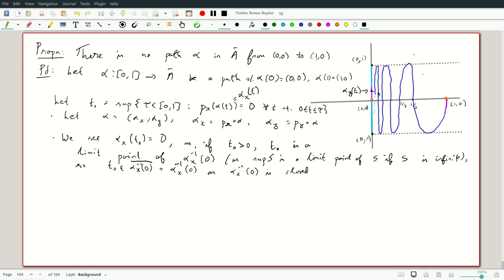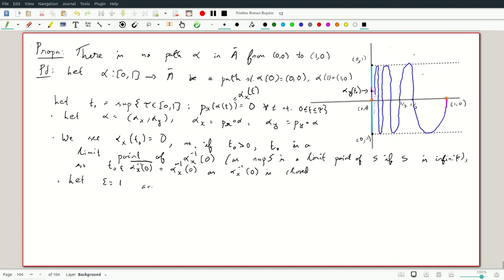Okay. And now we'll take a delta neighborhood. Let epsilon be, let me take half is good enough, even 1 is good enough. Okay, let's just take epsilon is 1, because the distance between -1 and 1 is 2.